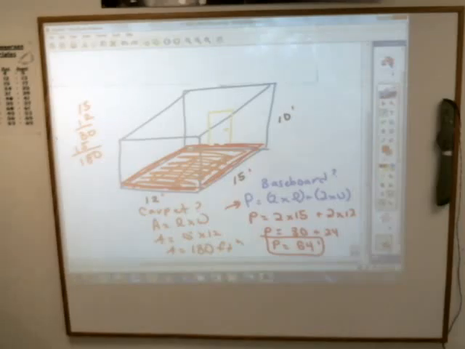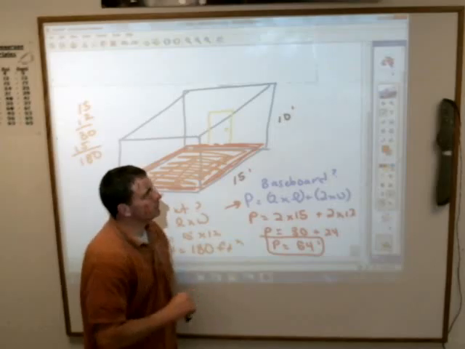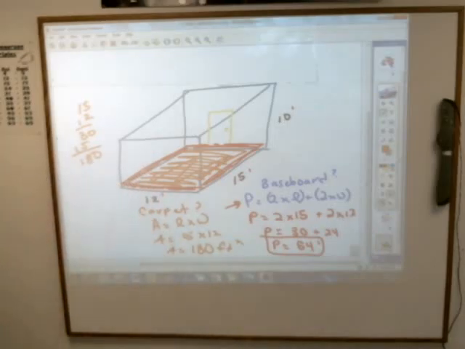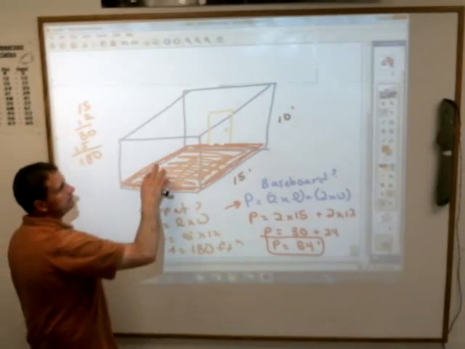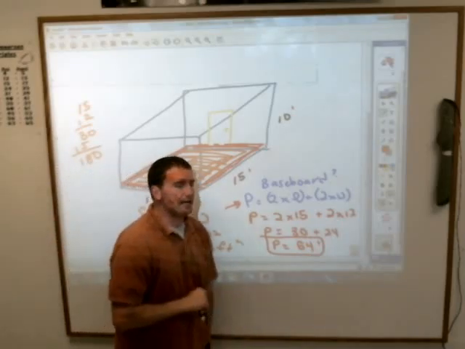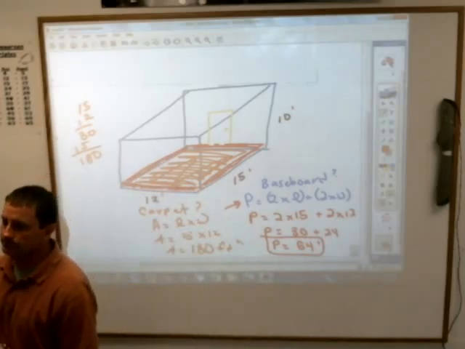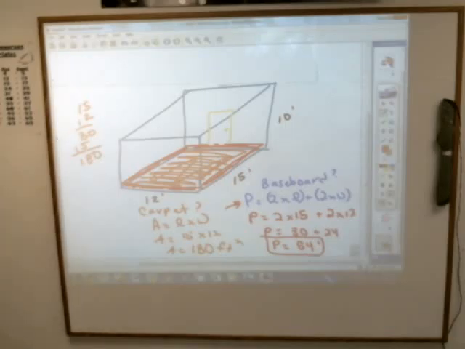So now I can carpet my room, I can put baseboard around my room, and the last thing I want to know is, in order to heat my room, in order to figure out how much hot air it would take to fill up my room, what kind of formula would I need for that? The only one we haven't used here is, Peter?